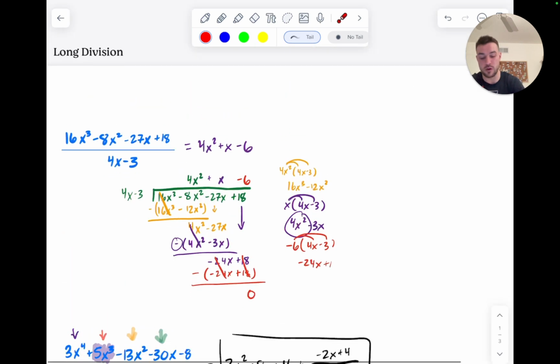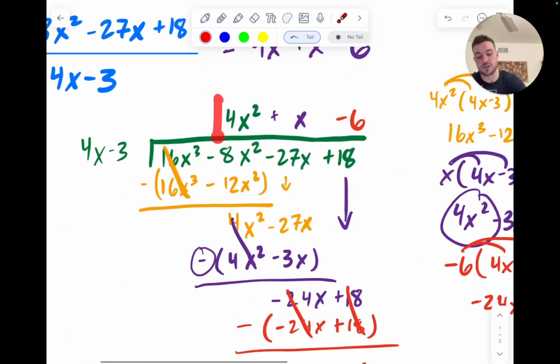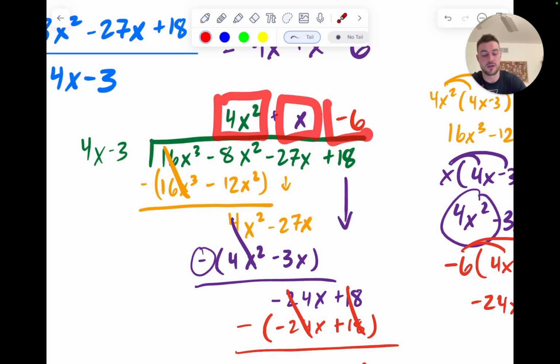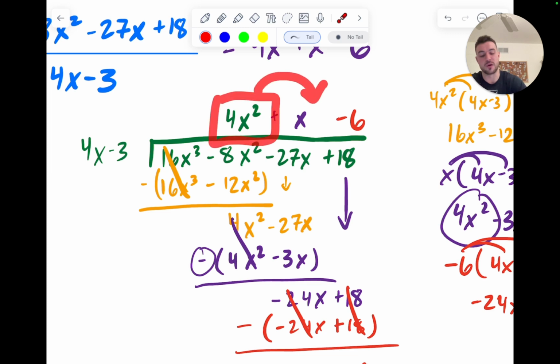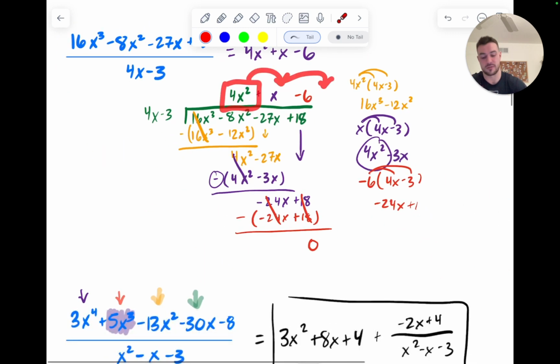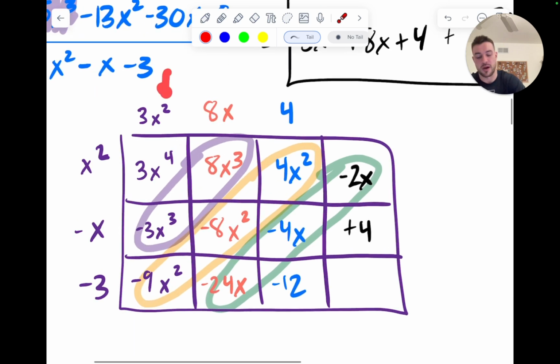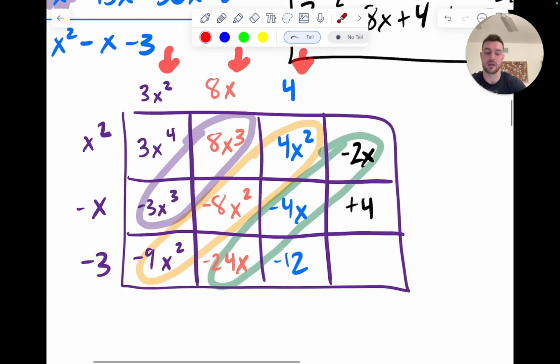And it even worked with our long division: 2, 1, 0. So although in all of these examples we ended up with something to the second power, that doesn't have to be the case. We could end up with something to the fourth power, depending on what we're dividing and dividing by. It really doesn't matter. The key thing I want to point out is our exponents should be decreasing no matter what process we are doing here.